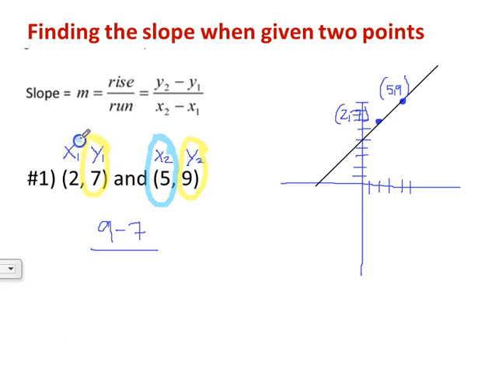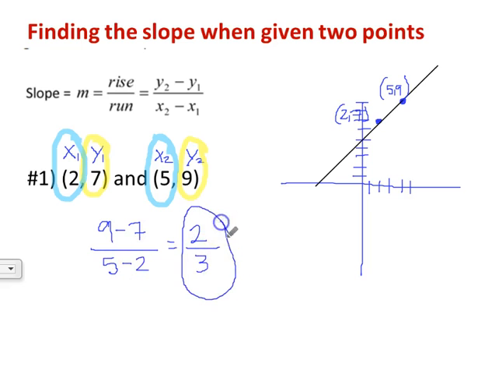So I'm going to take the second x coordinate and subtract the first x coordinate from it. So it would be 5 minus 2. I do the math. 9 minus 7 is 2, and 5 minus 2 is 3. So the slope of this line is going to be 2 over 3.